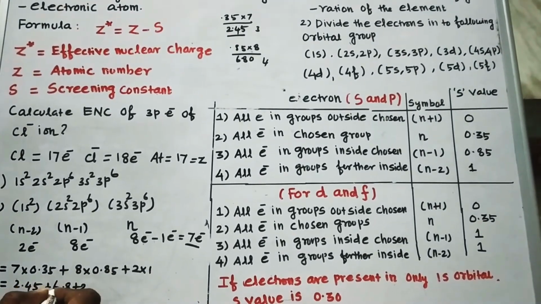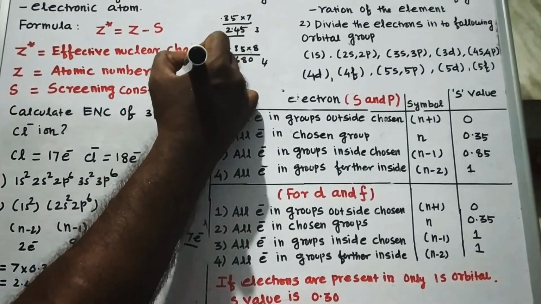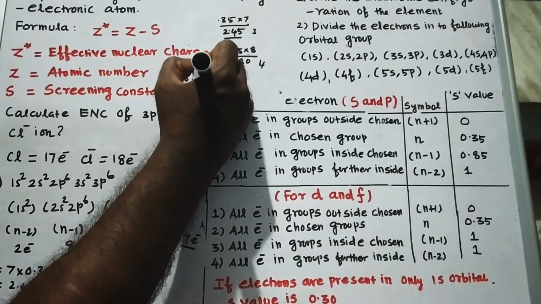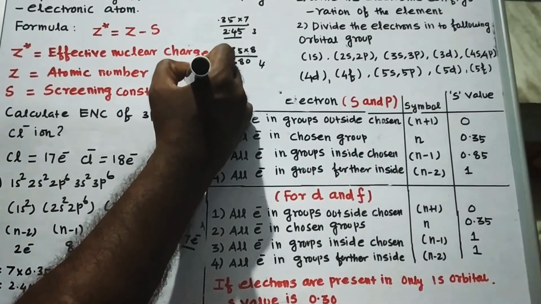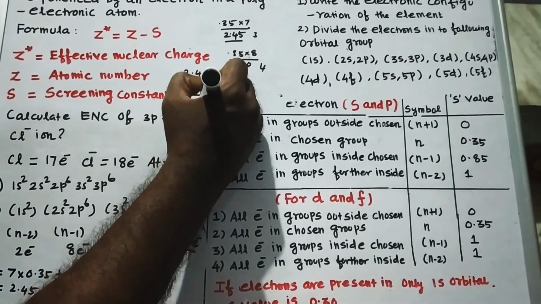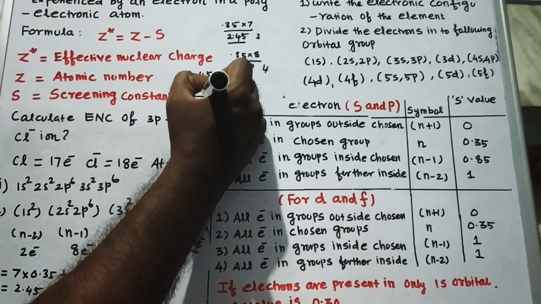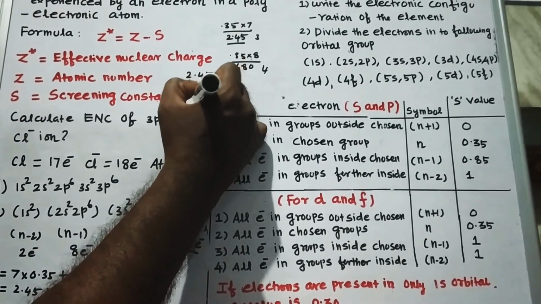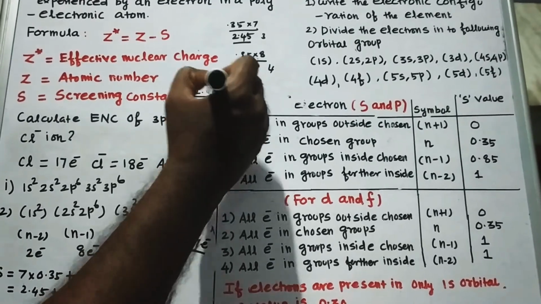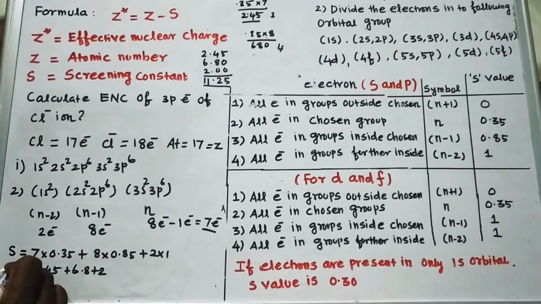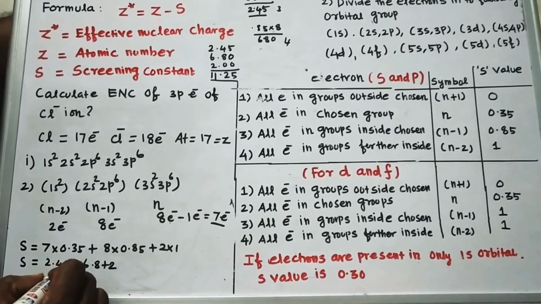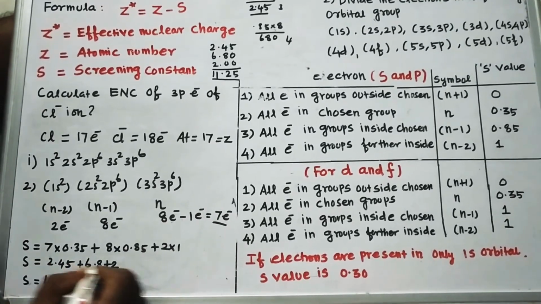Plus 2. Now we have to add the 2.45, 6.80 and 2.0, which is equal to 11.25.